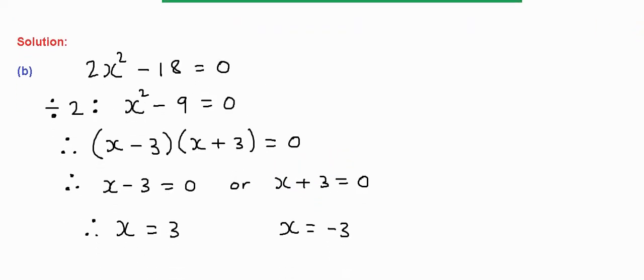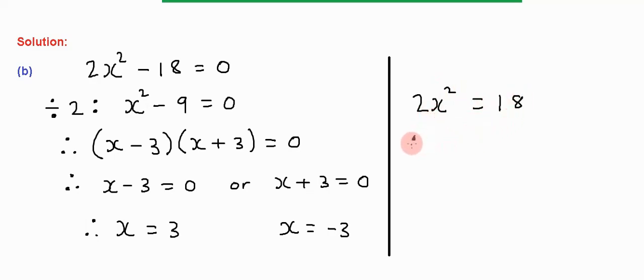Let's look at the alternative method here. We can take the negative 18 to the right-hand side. So 2x squared will equal positive 18. Now we can divide the 2 into the right-hand side. And we take the square root on the right-hand side.